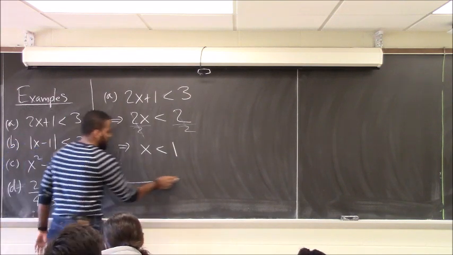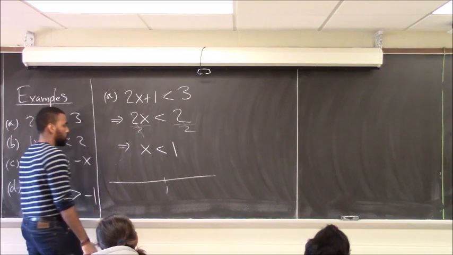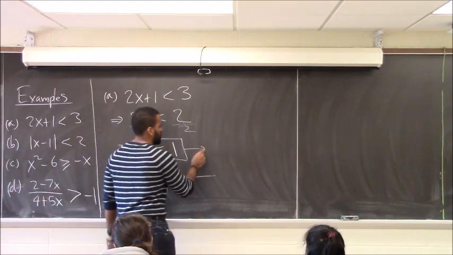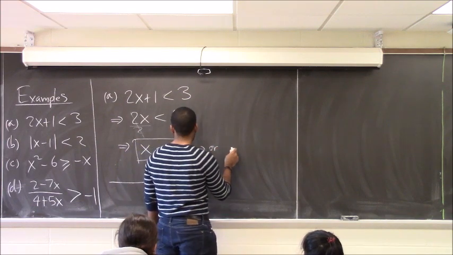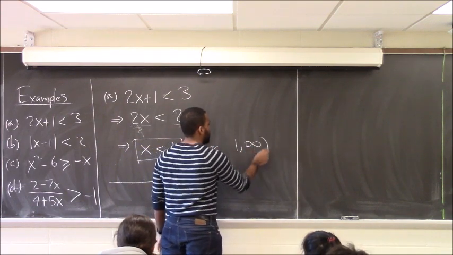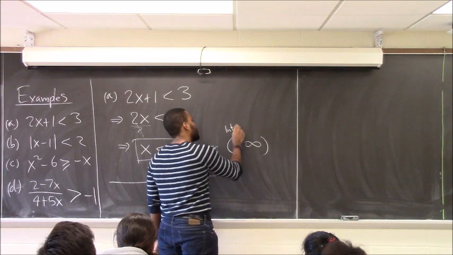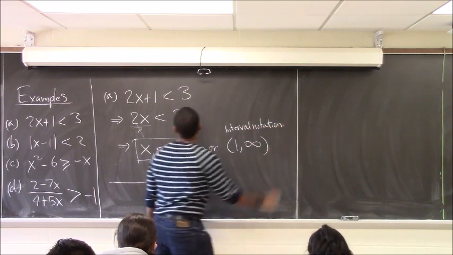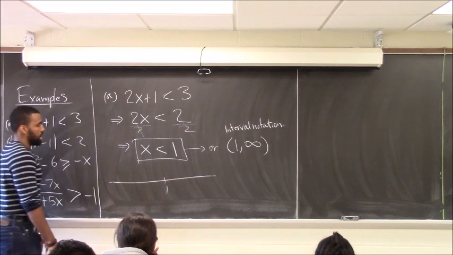In other words now, x equals 1 is the important part. Now this is actually going to be the answer, straight up, or you can write it as negative infinity to 1 in interval notation. But either way, you're going to have that.